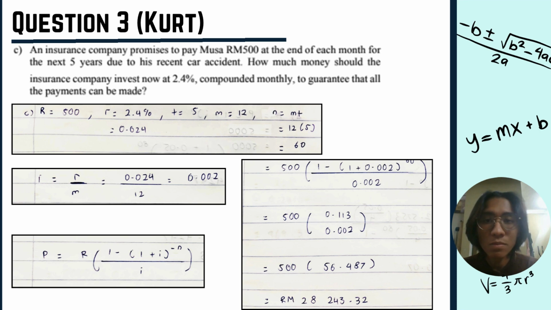The m is 12 because it's monthly, and for n I do 12 multiplied by 5 and get 60. Then I put all the information into the formula, and I get a total of 28,243.32 ringgit.